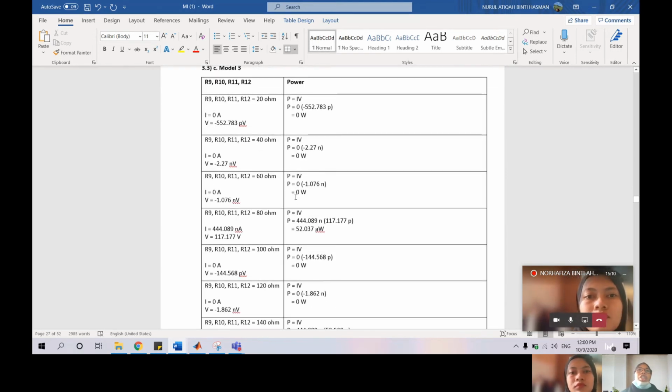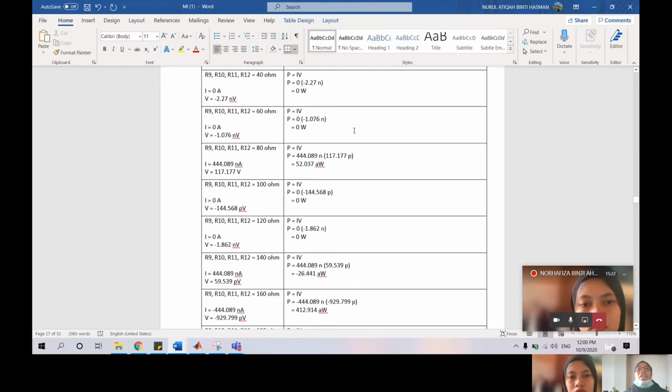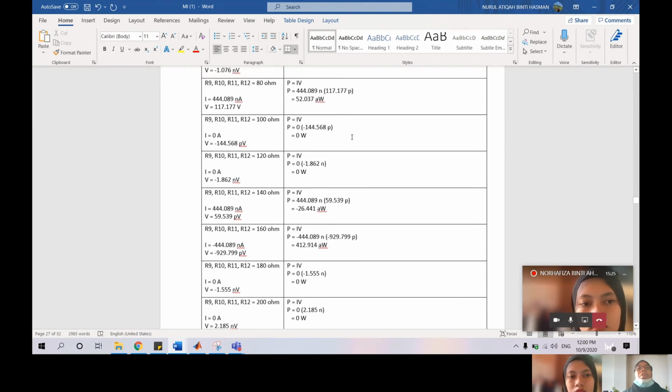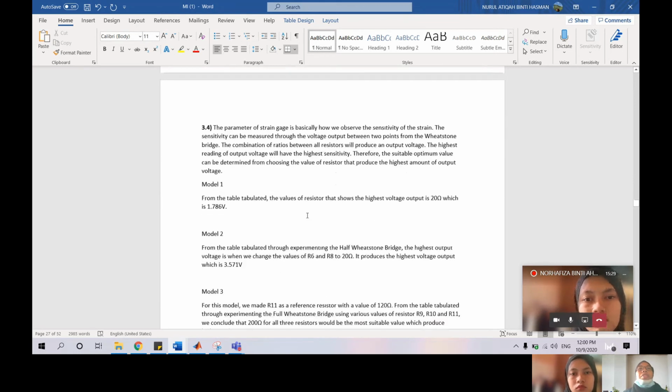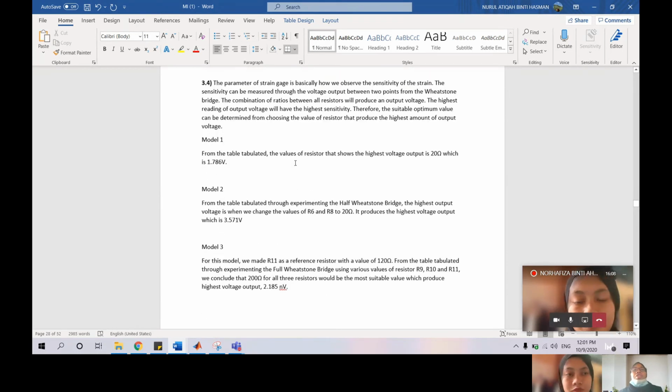As for model 3, it is also the same, because previously we just found our current and voltage, so we just substitute and we get the value of power until 200 ohm.